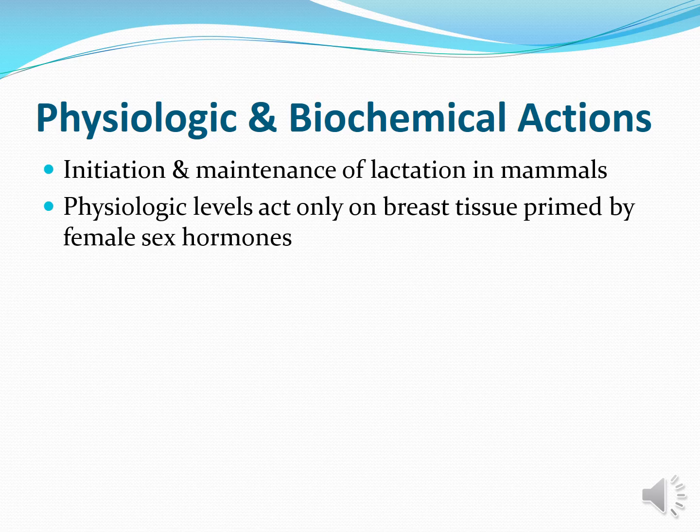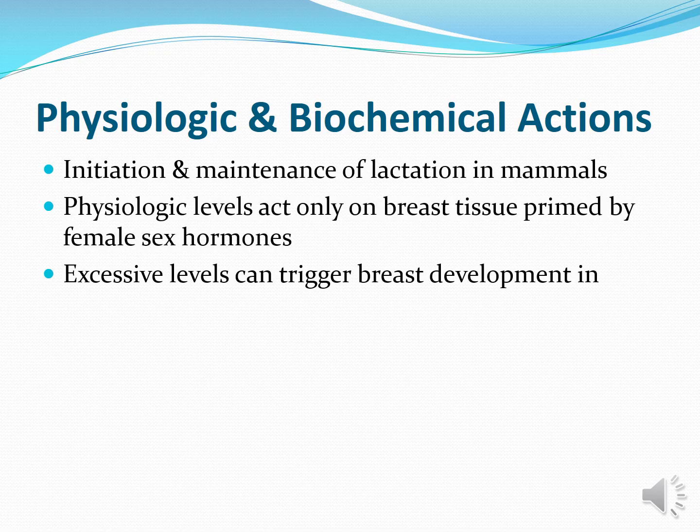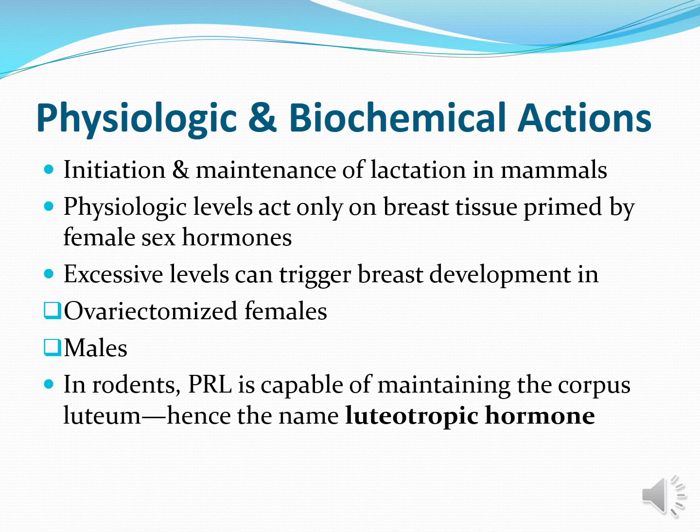Again repeating, normal physiological levels act only on the breast tissue primed by female sex hormone, but excessive levels can trigger breast development in ovariectomized female or even in the male. In rodents, prolactin is capable of maintaining the corpus luteum, hence the name luteotrophic hormone is given to it.